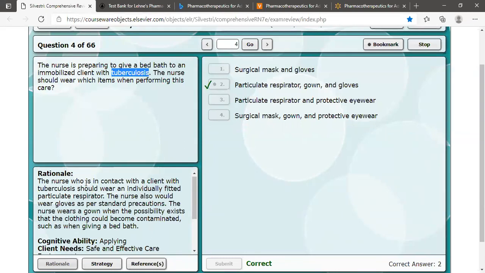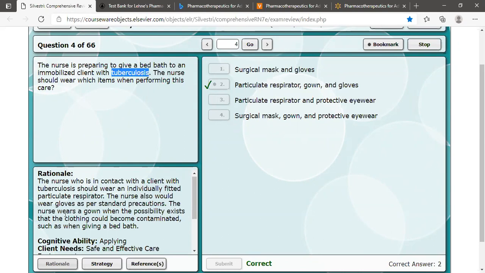The nurse who is in contact with a client with tuberculosis should wear an individually fitted particulate respirator. The nurse also would wear gloves as per standard precautions.